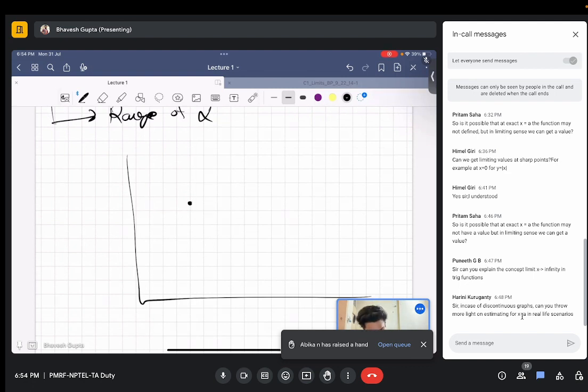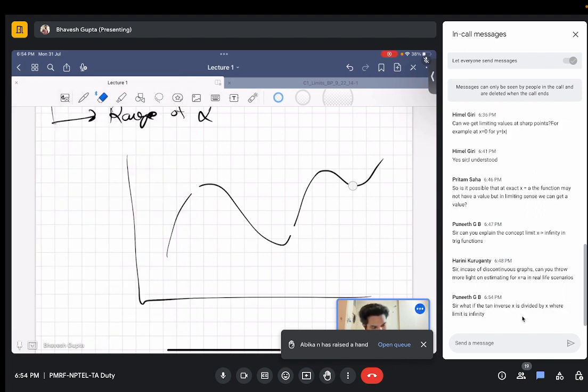You have a point here, then a point here, and a point here. You can see these are isolated, right? This graph is also discontinuous, but the discontinuity is in the isolation. So you can get the estimation at these points using just limits.